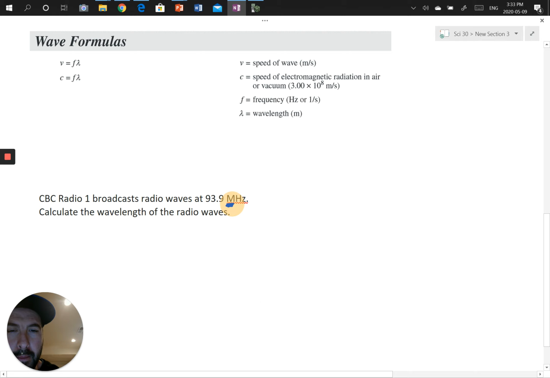Since there's such a wide range of different frequencies, we don't want to say 9 gazillion hertz. So we're going to use the metric system conversion and convert to a different unit. If we look in our data booklet, we see this is times 10 to the 6. When we get to the mega scale, it's 1 million of something.